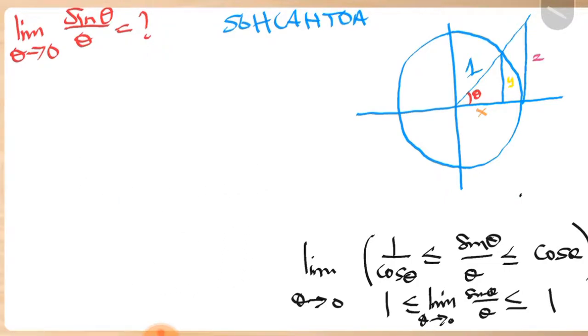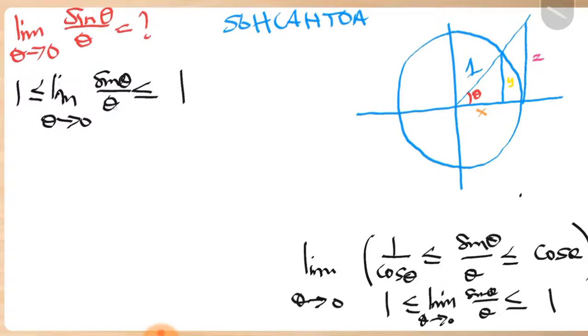Now, let me write this here. So we have 1 lesser than or equal to the limit as theta approaches 0 of sin theta over theta lesser than or equal to 1. Of course, from the squeeze theorem, we know that this must be equal to 1, because we have 1 lesser than or equal to this, and this lesser than or equal to 1.